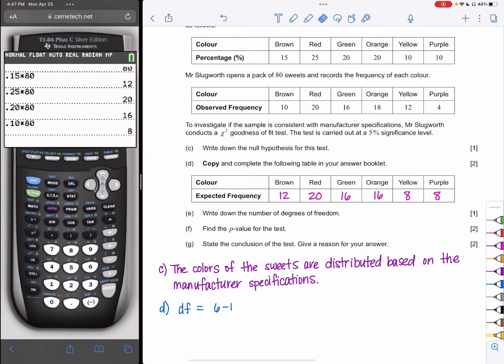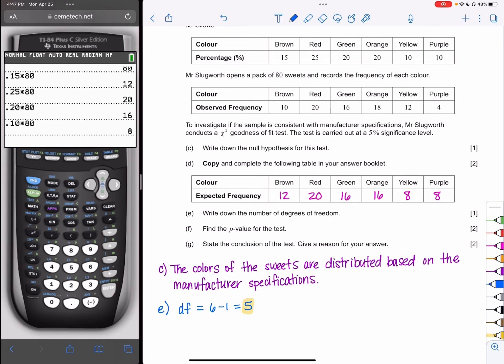Because our degree of freedom is the number of categories minus 1, we already know that the degree of freedom is going to be equal to 5. So that is part D. So next, for part E, that should be part E here, because part D was where we filled in the table. So the degrees of freedom was part E.